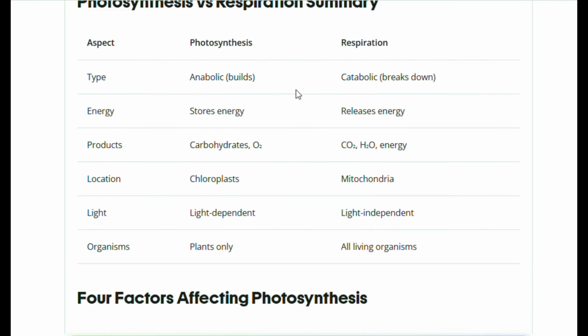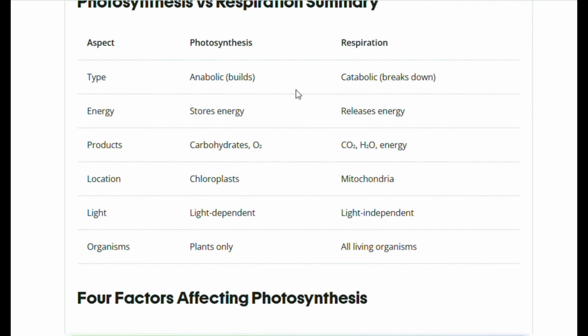Okay, so we have aspect, we have the type, energy, product, location, light, organisms. Photosynthesis: the type is anabolic, right? Because it builds. That's why we call it anabolic.